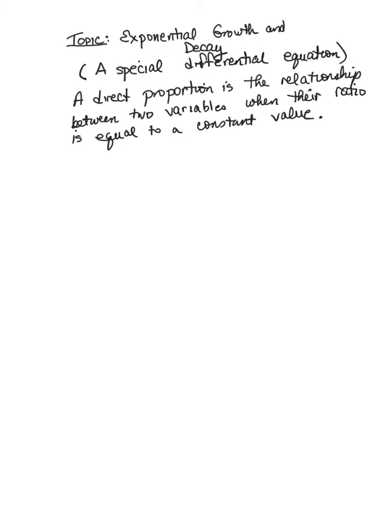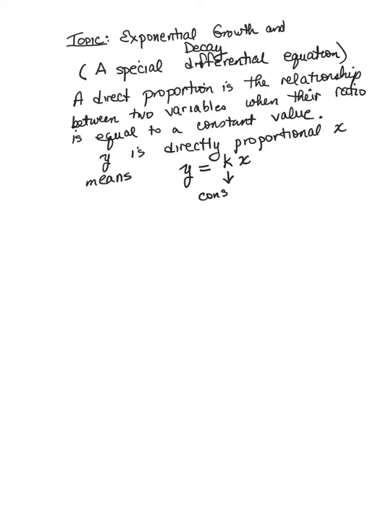So when we say a quantity y is directly proportional to a quantity x, it means that this equation can be written y equals k times x, where k is the constant of proportionality.